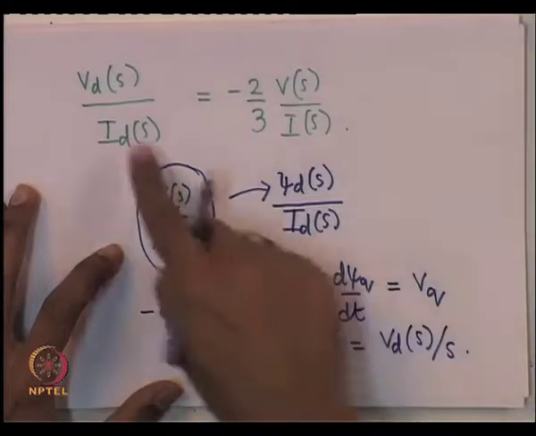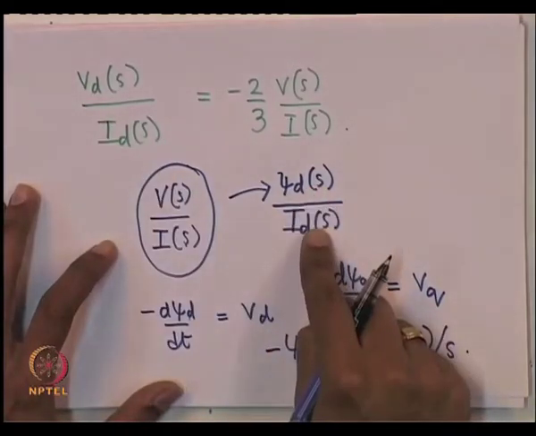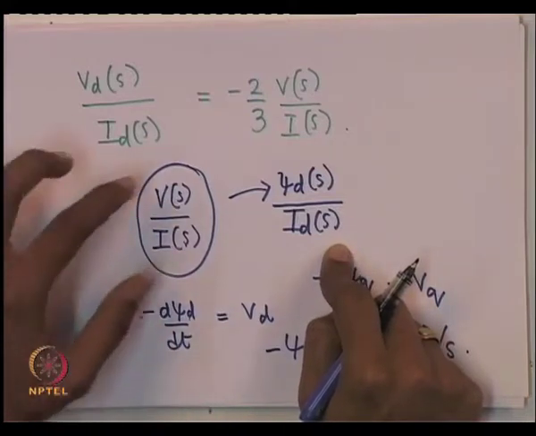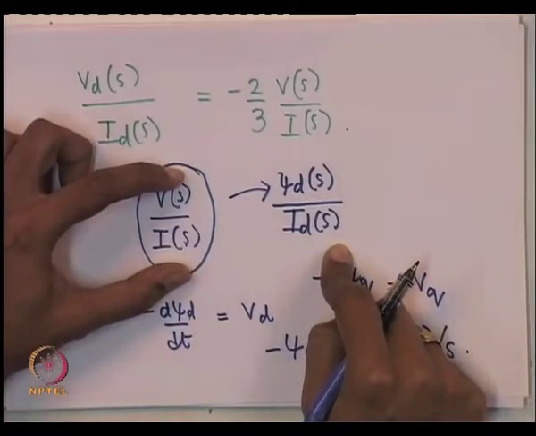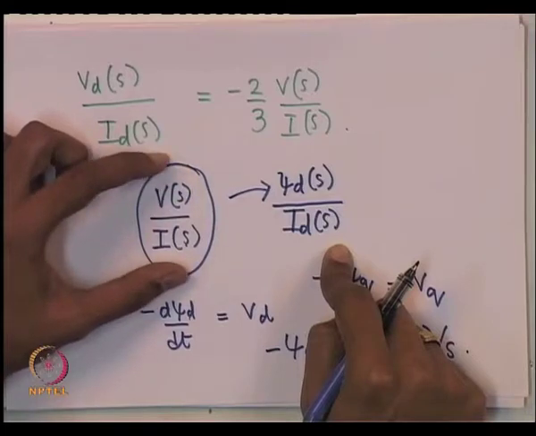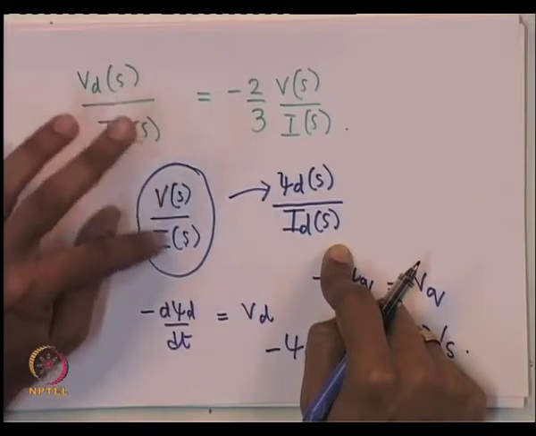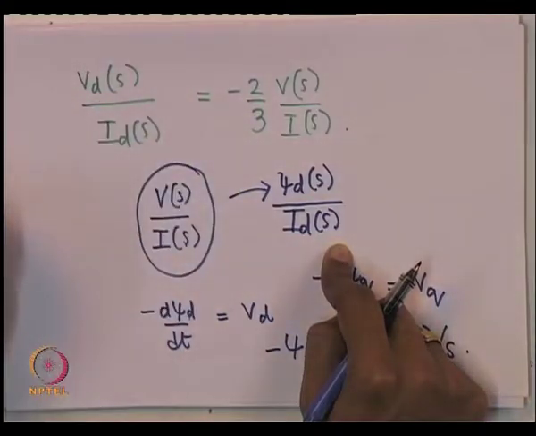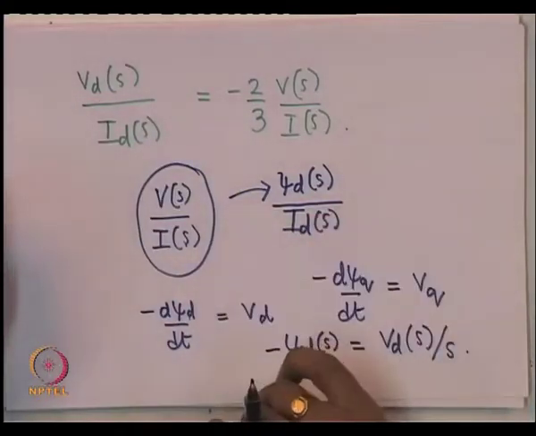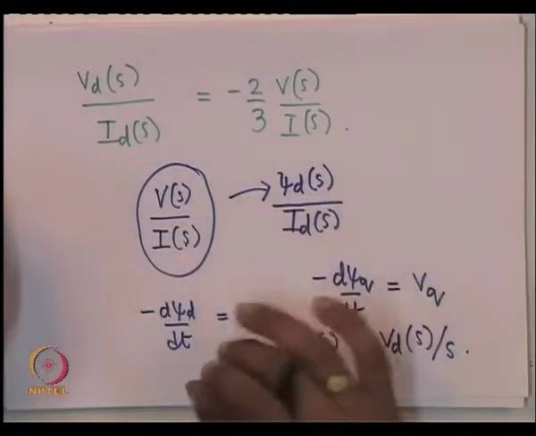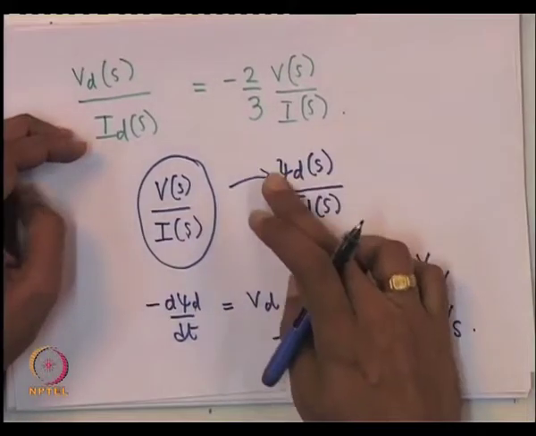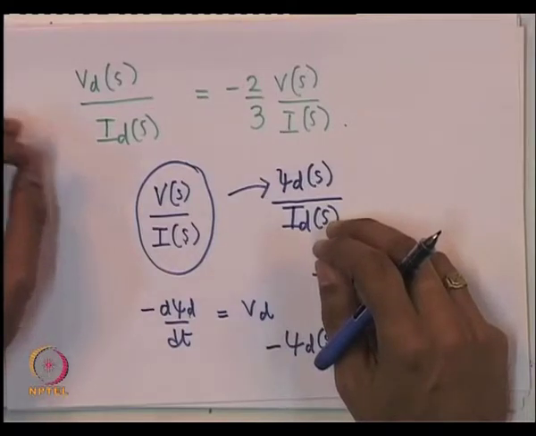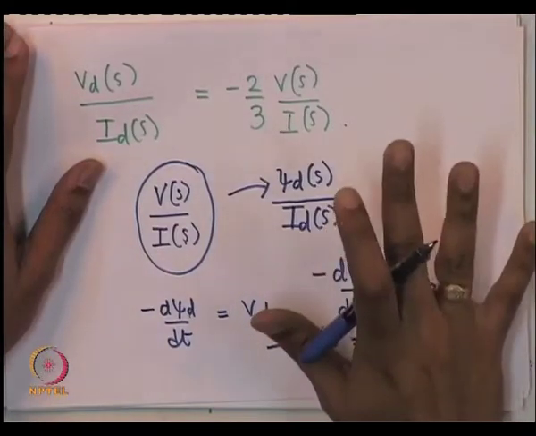So, actually you can get the relationship psi d upon I d of s by doing a measurement of this transfer function. So, what I can do is take out the frequency response of this transfer function and try to fit it into the transfer function I get from the model which we have. That is what we can do.